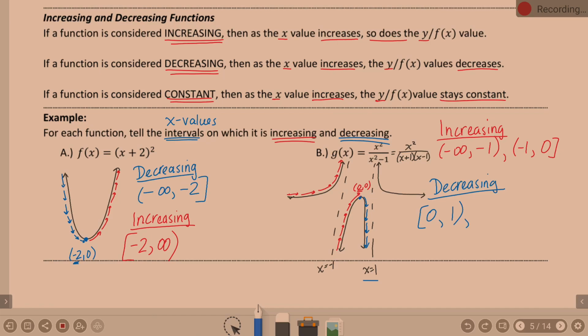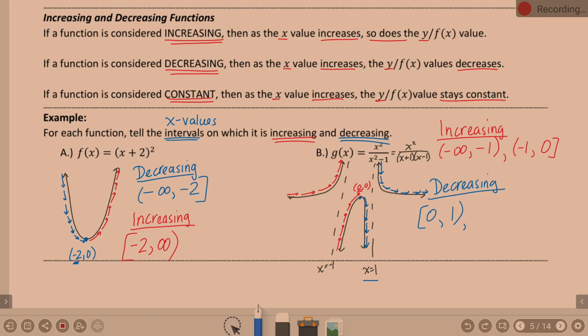Now, after we finish with this parabola, where does my graph go as I move left to right? Now I'm up here, way up high, yes? As I start tracing from way up high, where am I going? My graph is decreasing, yes? Because I'm moving down my graph as I go to the right.